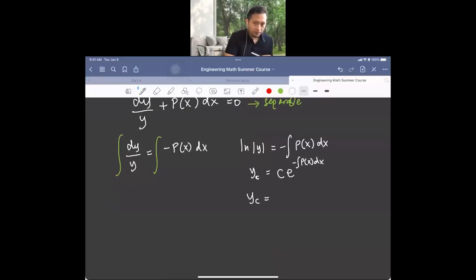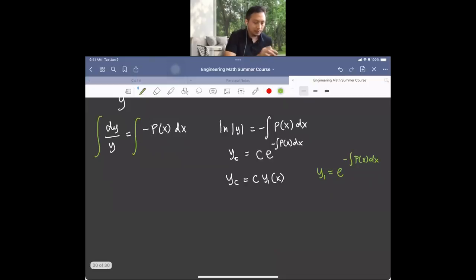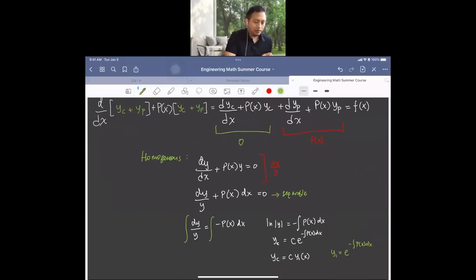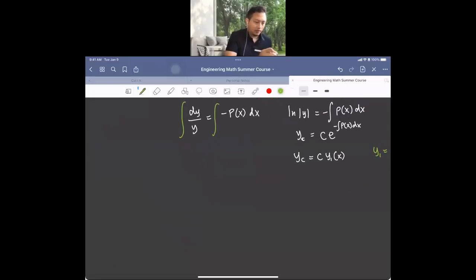Or we can just write c1 y1 of x, where y1 is e to this power. Now let's take this aside and look at the non-homogeneous, and we can see the results later. So first, the non-homogeneous.